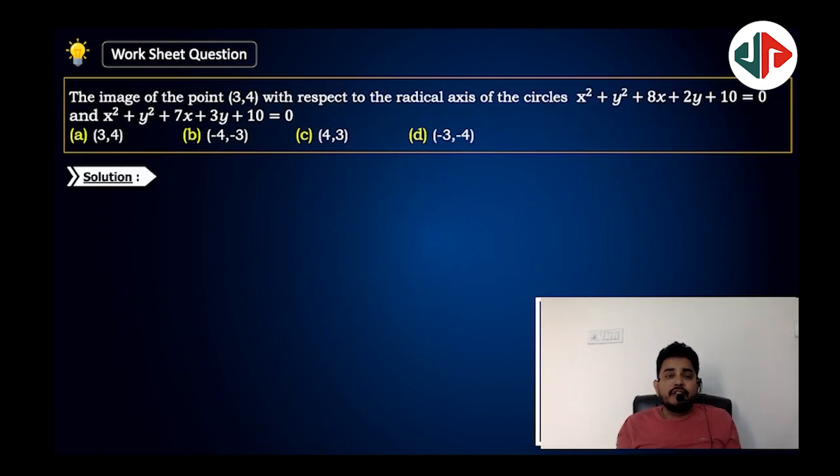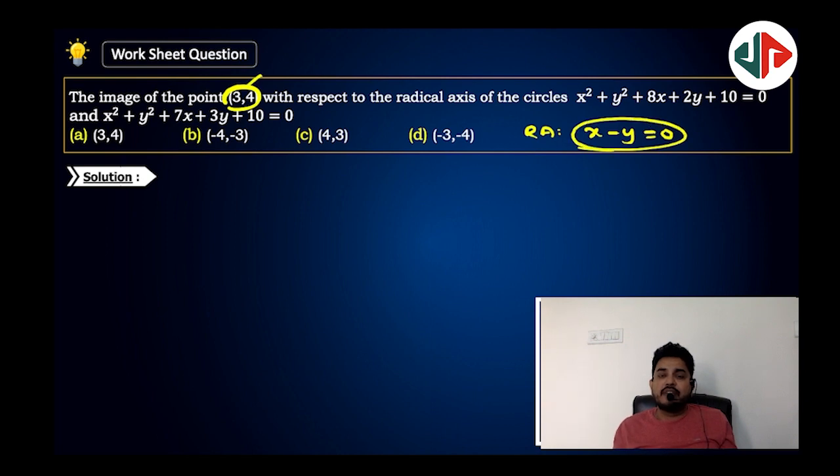Image of the point (3, 4) with respect to the radical axis. What is the radical axis? Radical axis, 8 minus 7, x, 2y minus 3y is minus y, 10 minus x minus y is equal to 0. The image of any point with respect to y is equal to x will be simply swapped.